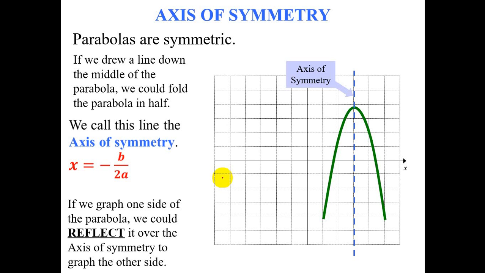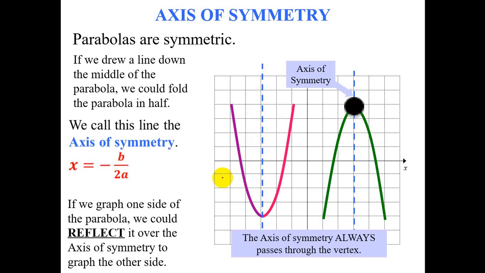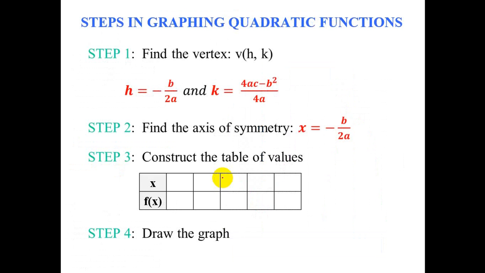Now, if we graph one side of the parabola, just like this leg, we could reflect it over the axis of symmetry to graph the other side. So again, the axis of symmetry always passes through the vertex of the parabola, just like what you are seeing on the illustrations.